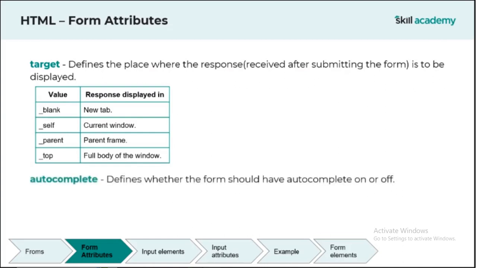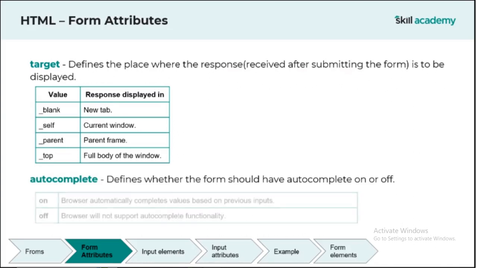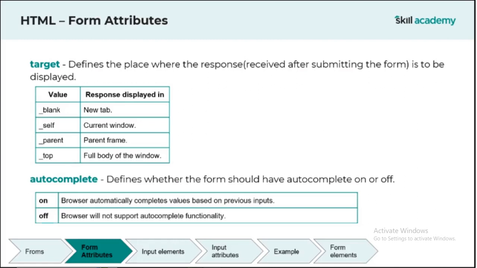Then the next we have autocomplete. It defines whether the form should have autocomplete on or off. If we use it as on, the browser automatically completes values based on previous input. And if you use autocomplete off, the browser will not support autocomplete functionality. ये ऑटो कंप्लीट फंक्शनैलिटी क्या होती है कि मैंने आपकी वेबसाइट पे आके रजिस्टर किया, नेक्स्ट टाइम जब मैं दोबारा सपोज कि आप कोई और यूजर मेरे लैपटॉप पे आके आपकी साइट में रजिस्टर कर रहा है, तो जैसे ही वो नेम पे डालेगा तो उसको मेरा नाम डिस्प्ले हो जाएगा.